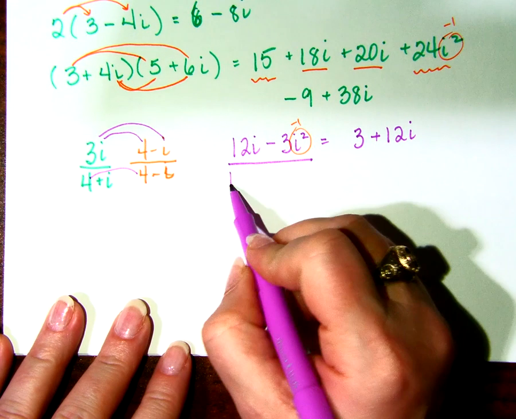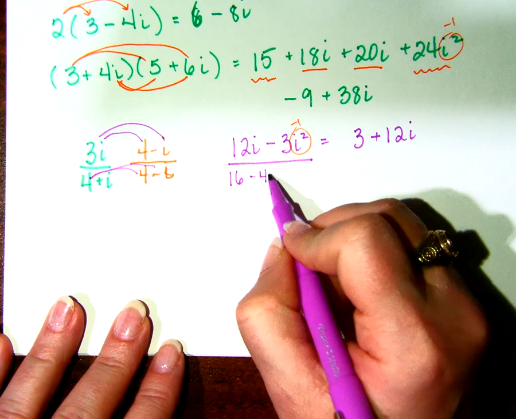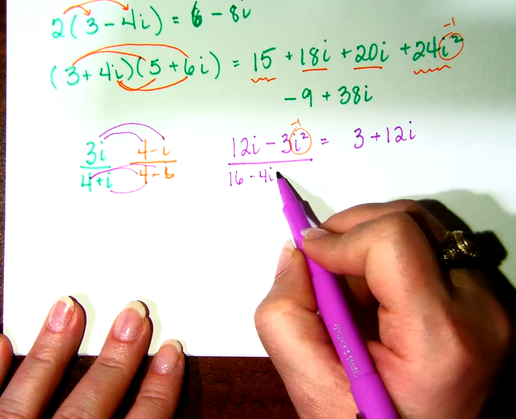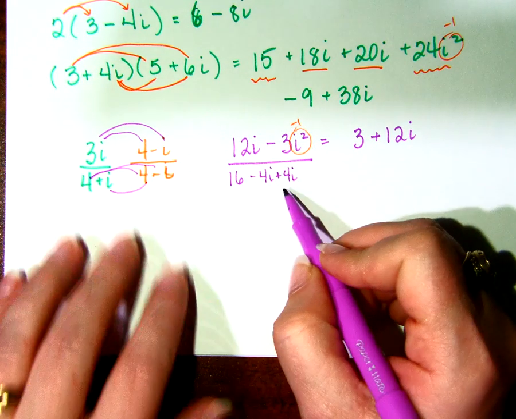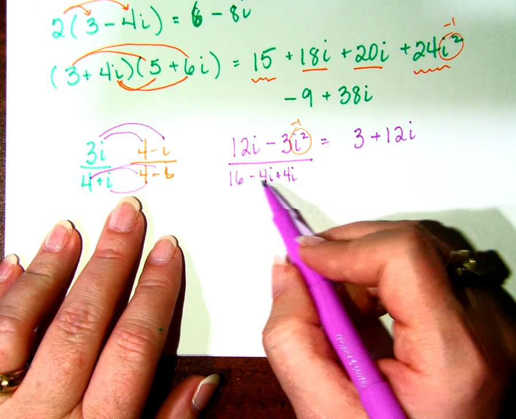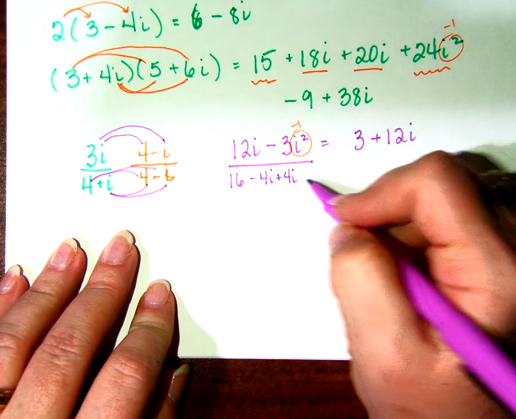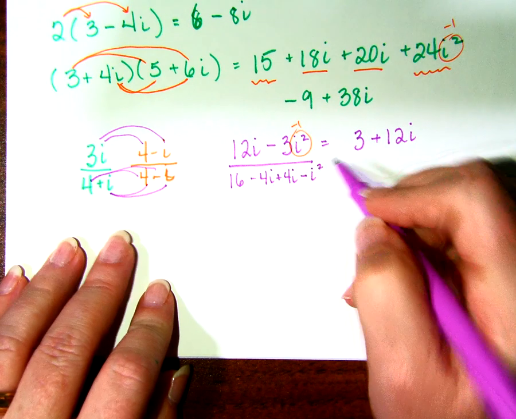Distribute 16. Distribute minus 4i. Distribute plus 4i. Can you see why I chose the complex conjugate now? Because what's going to happen to the i terms? Good. i times negative i, negative i squared.